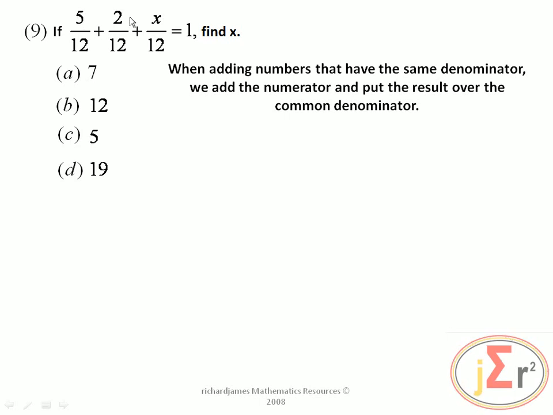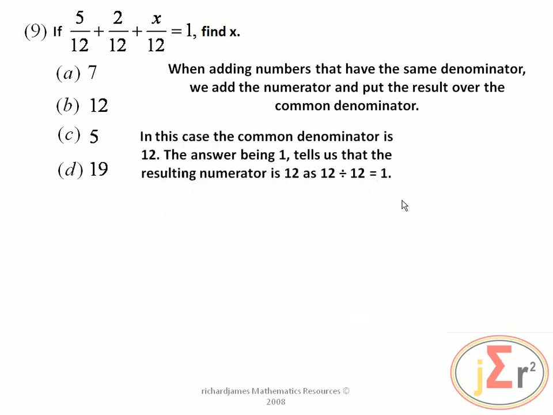So we just need to add the numerators. In this case, the common denominator is 12. Now the answer, being 1, tells us that the resulting numerator is 12. Okay, therefore, we are adding these.